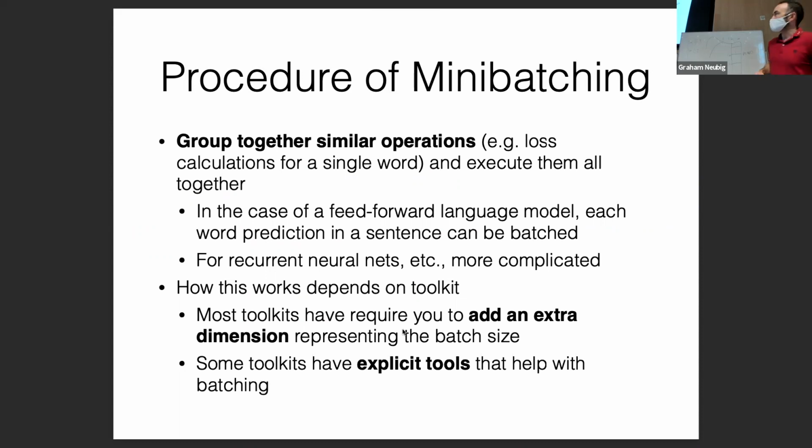One other thing that I don't have on the slides, but it's another very important feature of batching together similar operations, is one of the big issues with stochastic gradient methods, with methods that basically calculate gradients on a single example. Calculating gradients on a single example is much more efficient than calculating them across the entire corpus, because a single example is just one example.